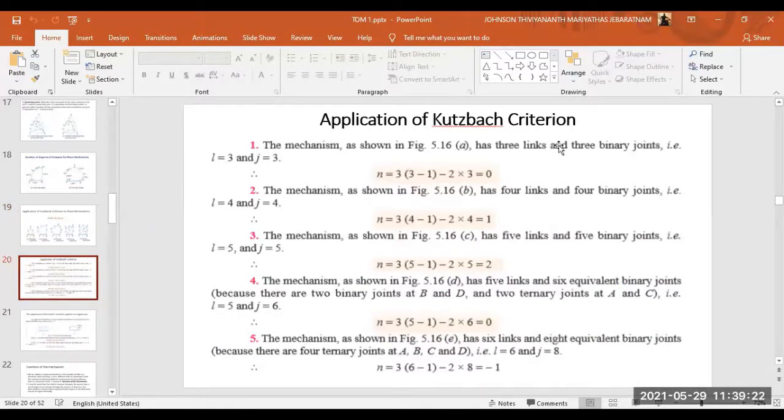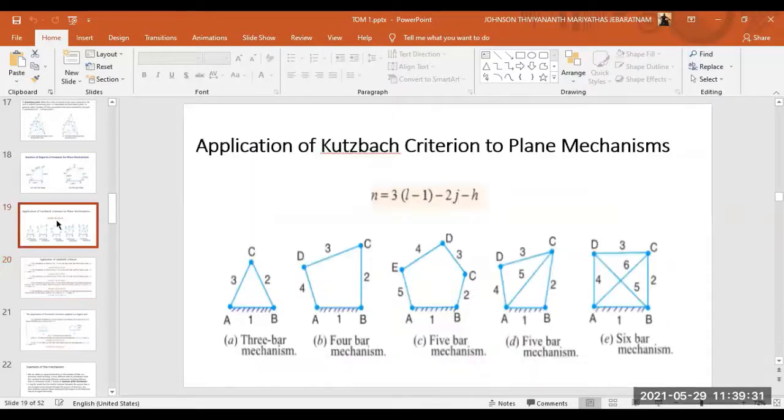As shown in the figure, L is the number of links, and J is the number of binary joints, only binary joints. H is the higher pair that I will explain later. We don't need it now, because the higher pair is not going to be applied anywhere here. That's going to be 0 for all these diagrams, so we'll put it in the formula.